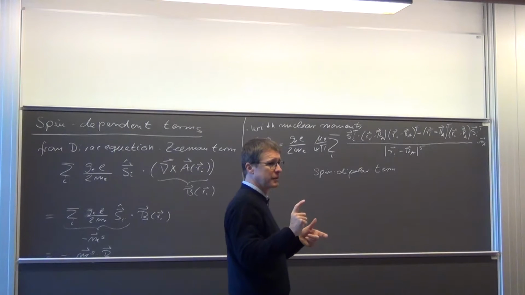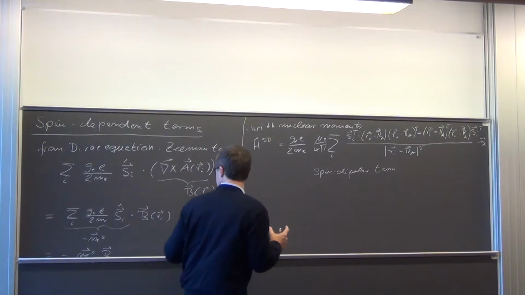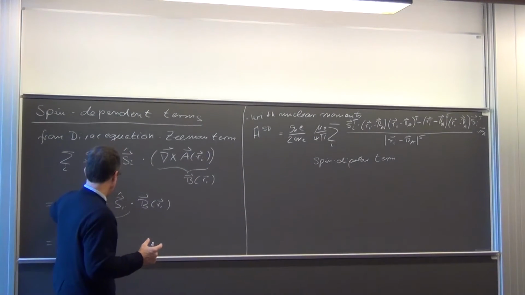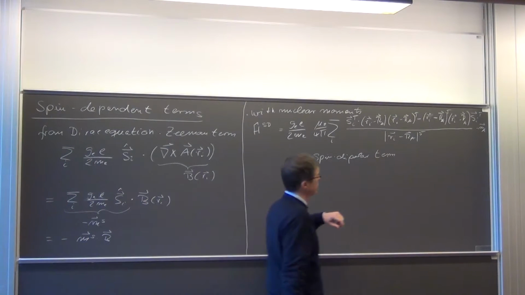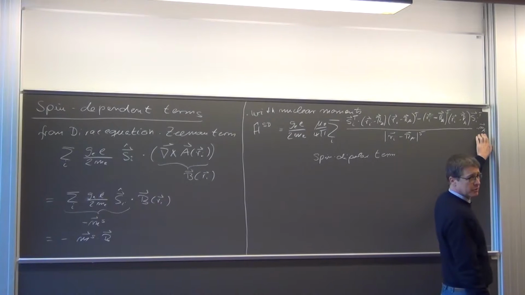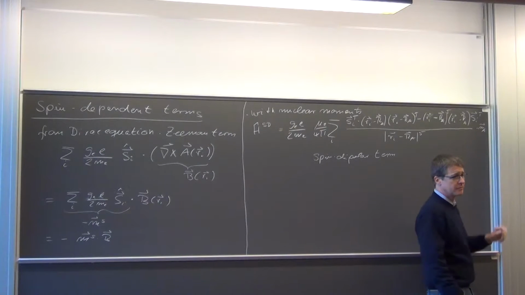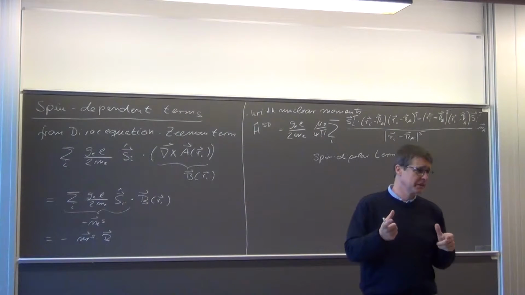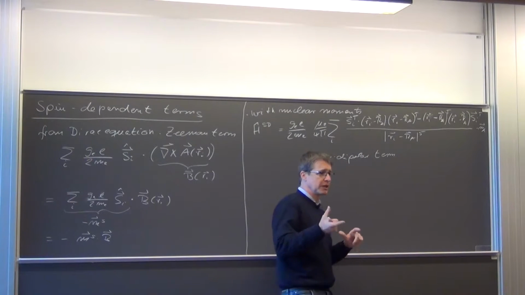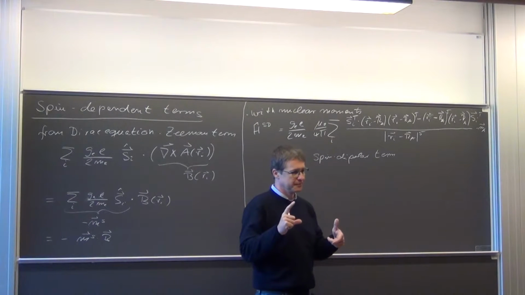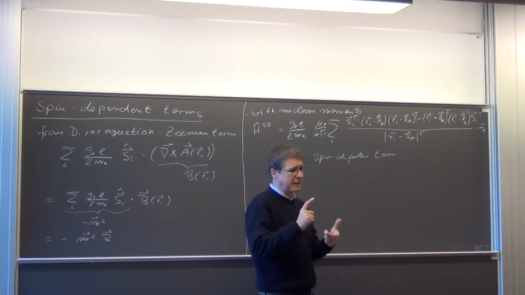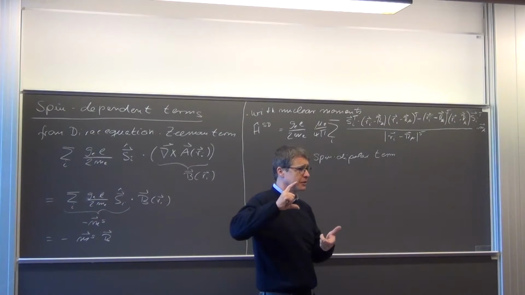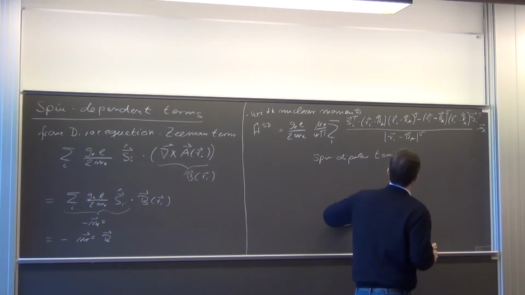Now the dipole moments come from spin. So you have the magnetic dipole moment coming from the electronic spin, and you have the magnetic dipole moment coming from the nuclear spin. So you have two magnetic dipole moments, and if you look classically at the expression for the interaction between the two, you get this. So this is basically the classical dipole-dipole interaction term between two moments.